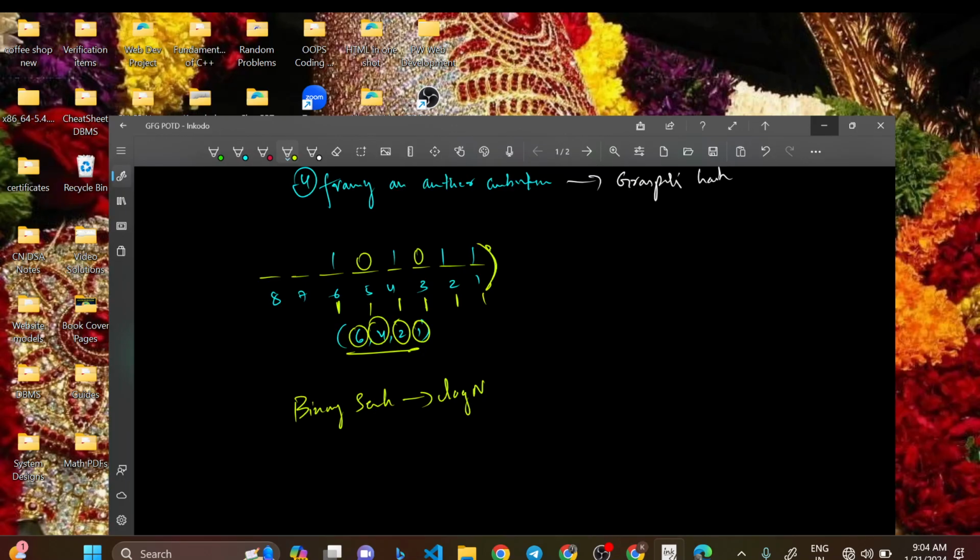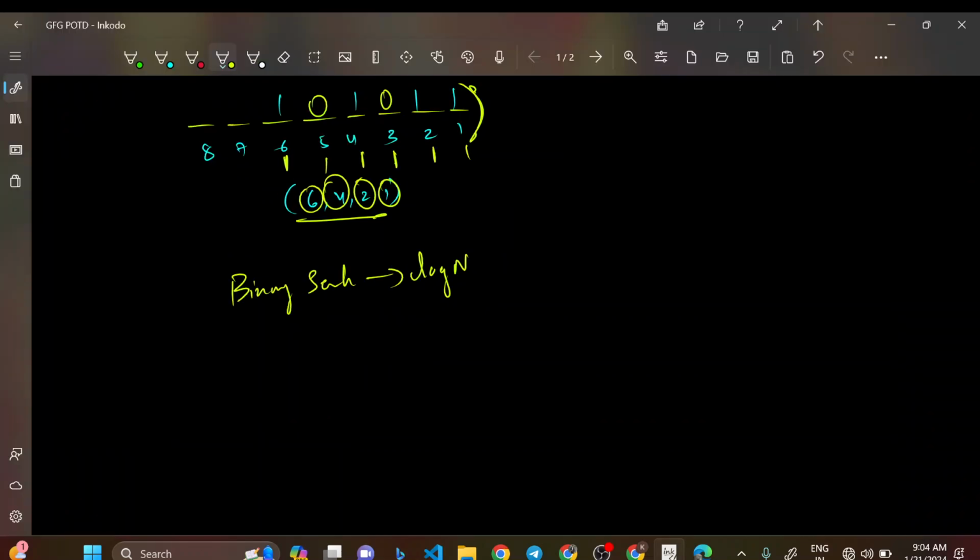Binary search we are doing, that is log n, and after binary search we are generating sets, different combinations possible. So that is 2 power n. Like n places are there, so 2 power n combinations are possible, and for each combination we are checking if we are able to traverse the whole graph, and that is taking O of n square. So finally it is log n into 2 power n into n square.